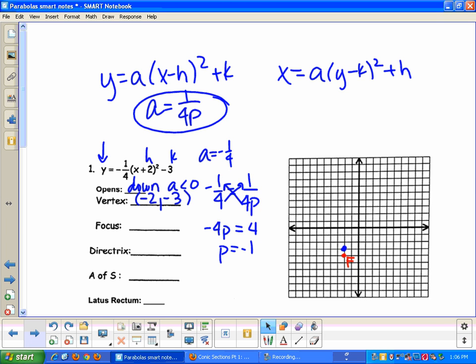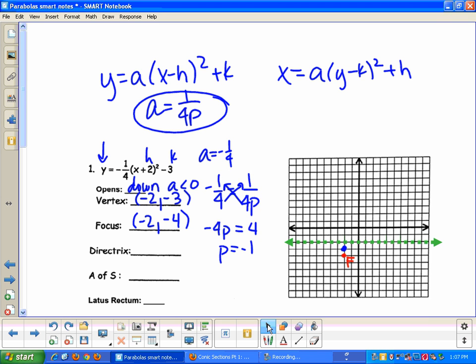And so I can actually write that point. So that would be at -2, and notice I changed my y value to -4. The directrix would go the other way. So for the directrix, we have a line that's going to be here. So that is my directrix.